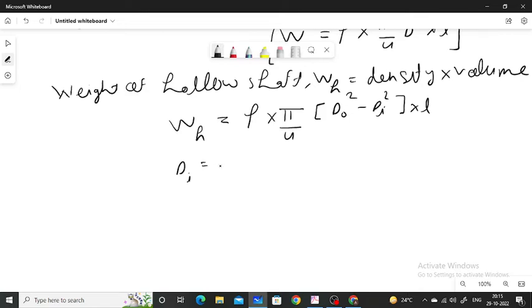Now as we know that D, the inner diameter of the hollow shaft, is equal to 2 by 3rd of the outer diameter of the hollow shaft.